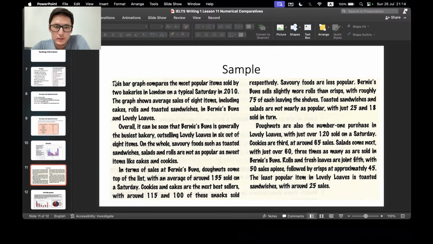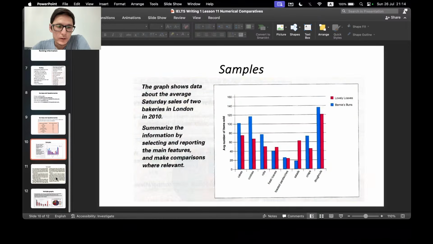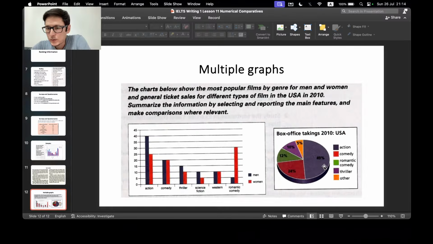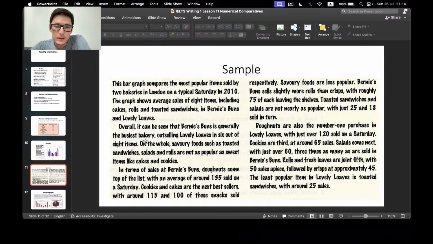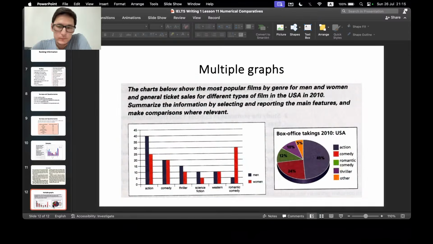Okay, so introduction, and then overall overview, which one was the most popular here, for example, or in the pie chart. Box office takings in 2010 USA. The most money earned was action films, 49%. So you have to say it in the overview, but you don't have to say the percentage. You have to say that the most popular type of film was, for example, action films.